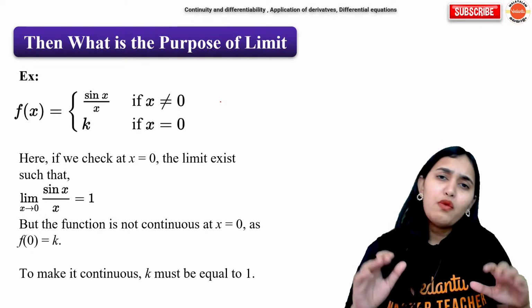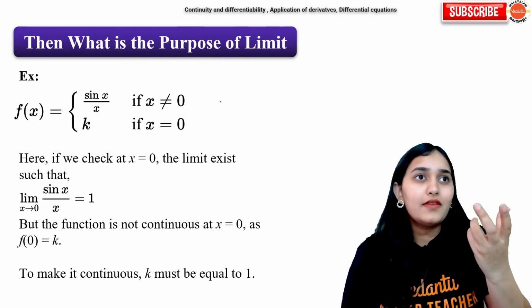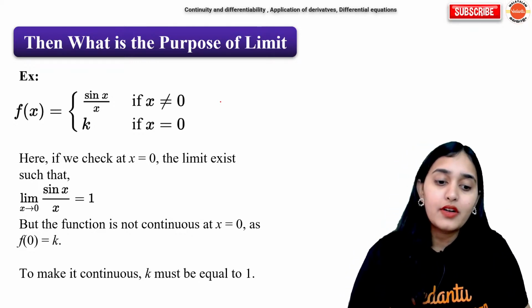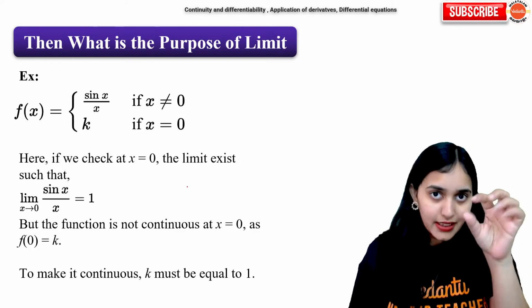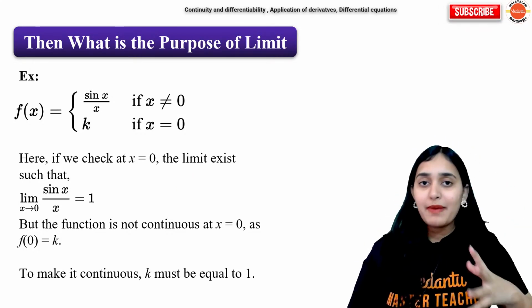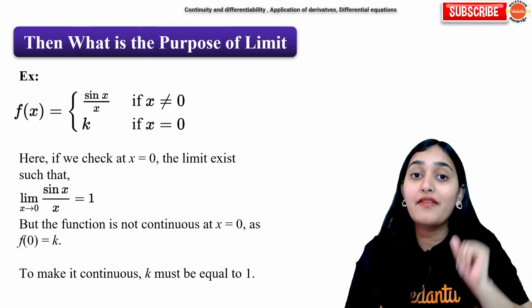Now, why are we finding the limit? Why are we not just checking the value and saying that, oh, it is continuous or it is not continuous? So basically what happens is, for a particular point, limit means you are approaching it from a very near neighbor value.